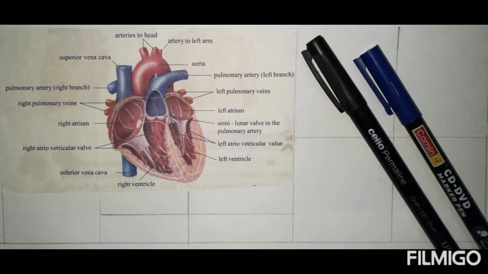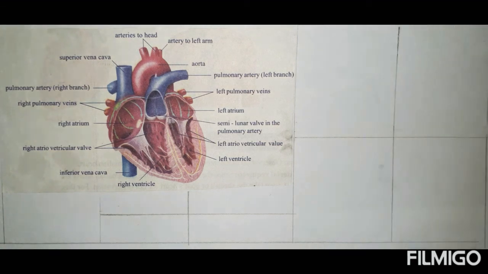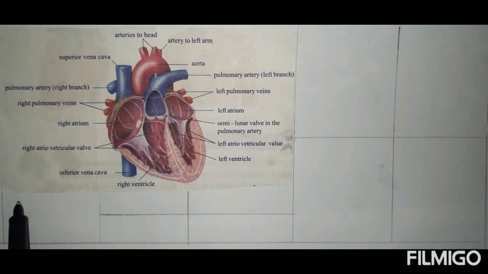Coming to today's session, let us know about the different types of valves present in our human heart. There are 4 different types of valves present in the human heart.